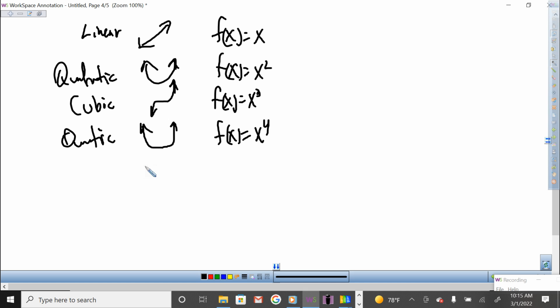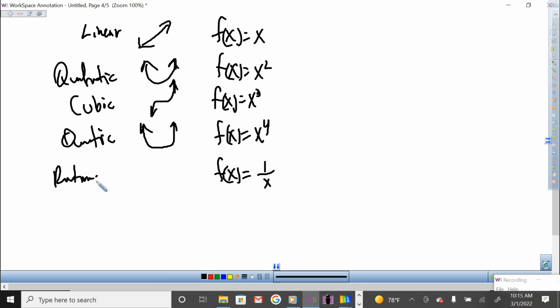Continue, Nicholas. What did we cover after that? Keyword fraction. Give me something with a fraction. Vince. A rational, which is 1 over x.